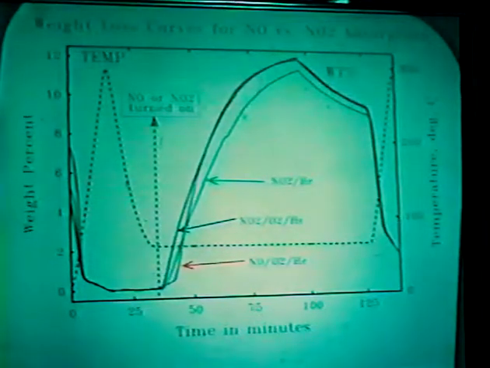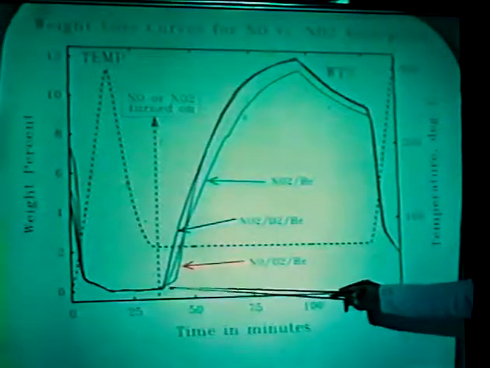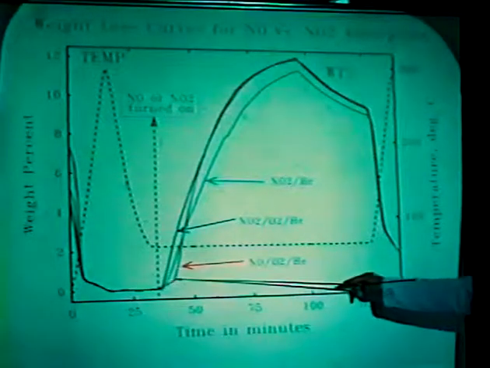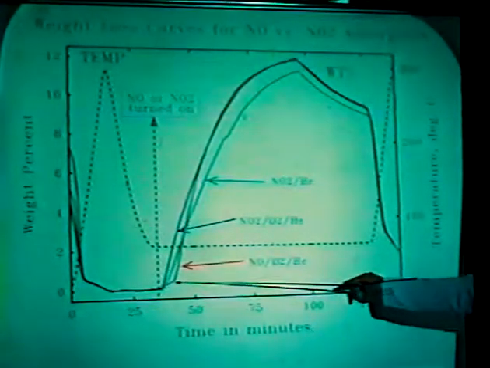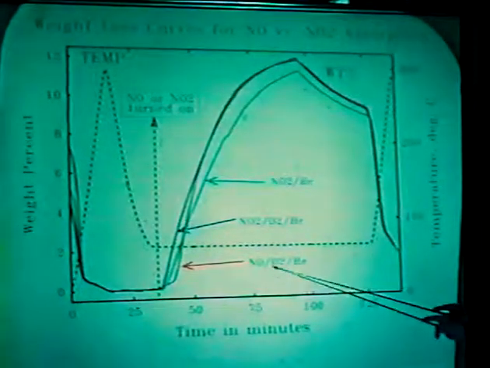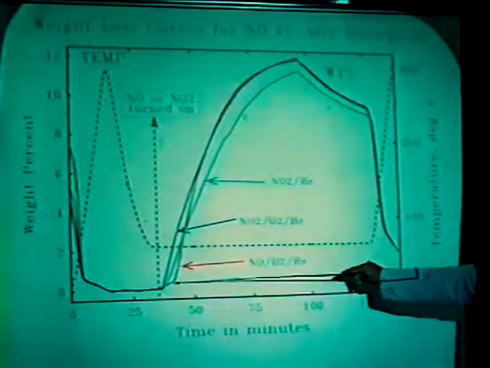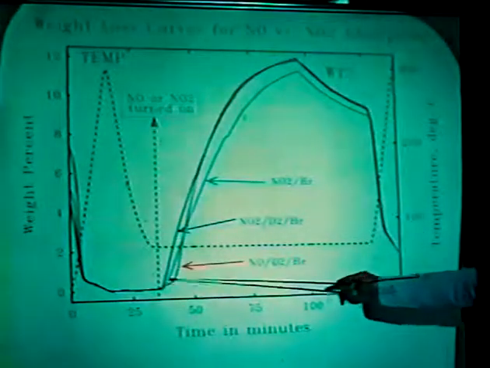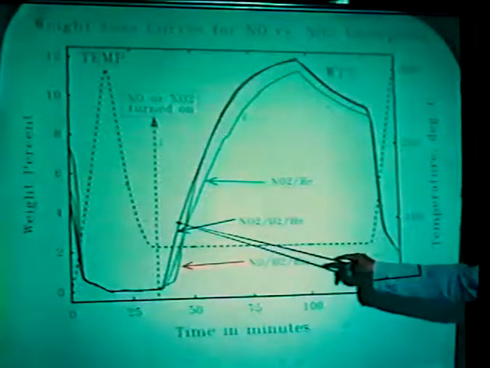And as you can see, in terms of the rates of the reaction, after a very short 5-minute lag period, the initial rate of NO and oxygen, the initial rate of uptake, is faster than for the NO2 case.